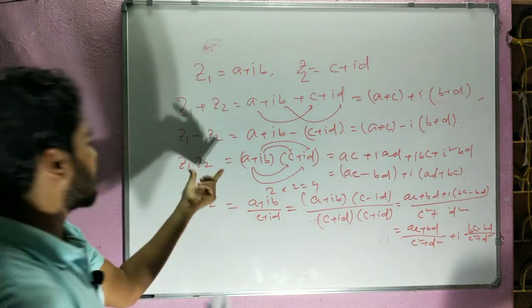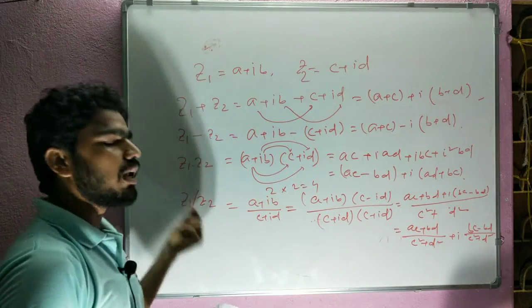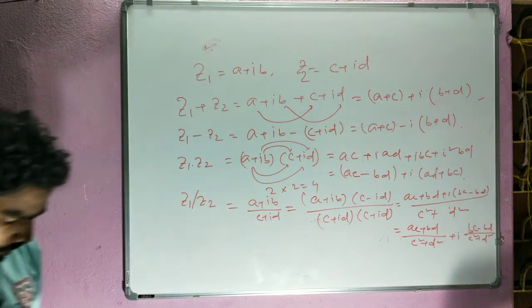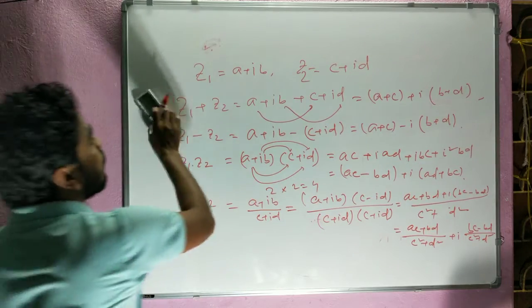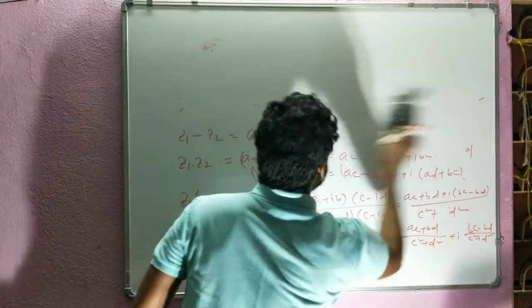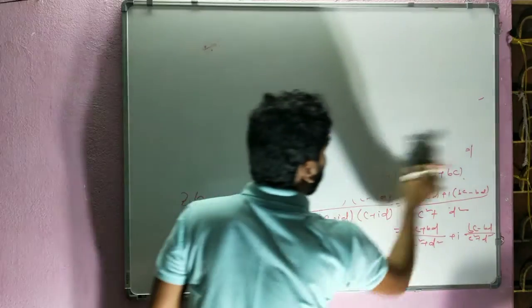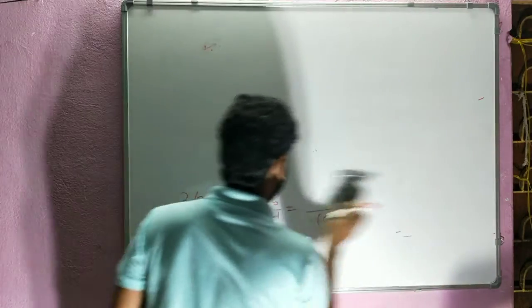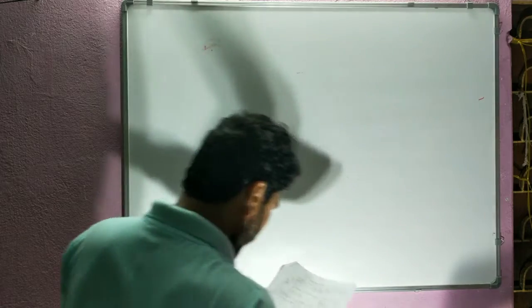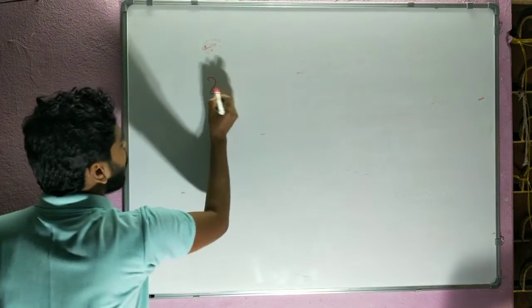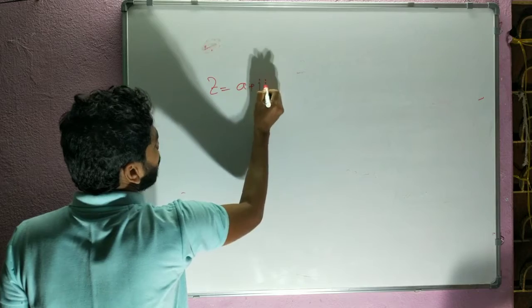This is the total operation of complex numbers: addition, subtraction, multiplication, and division. Next, very important, the modulus of a complex number. Define the modulus of a complex number z equal to a plus ib.